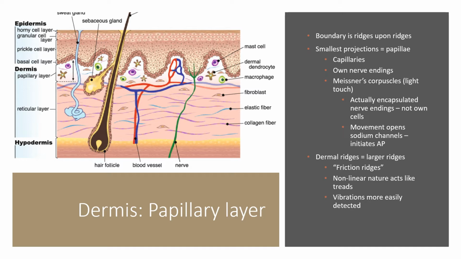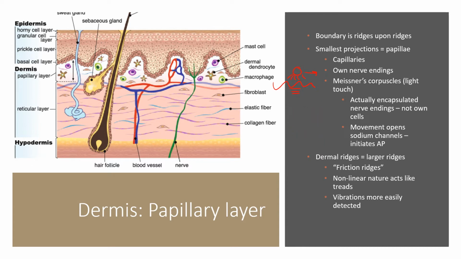And physical movement of those nerve endings, from the vibrations of something walking on your skin or any other kind of movement that your skin picks up when something is moving across its surface, is going to open up sodium channels. It's literally like flipping a switch: you have the nerve ending right here, and when something walks across it and sends vibrations, it can flip the switch to open the sodium channel.